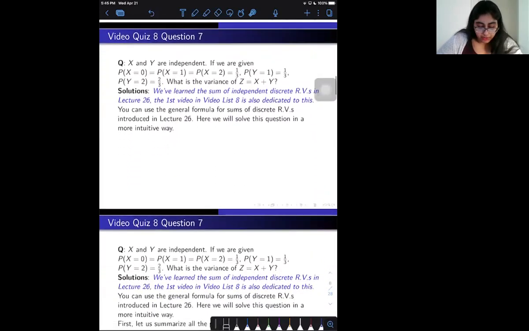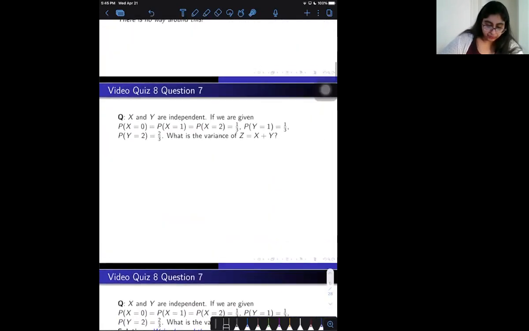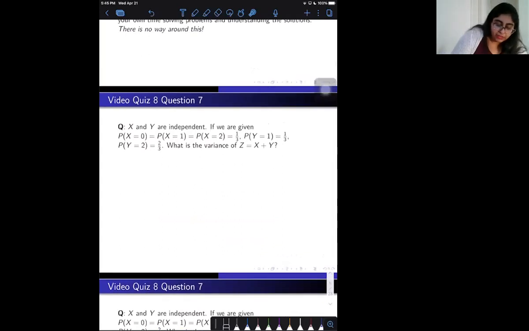So we have z right here as x plus y. In this question, we have probabilities for these values of x, and probabilities for these values of y.